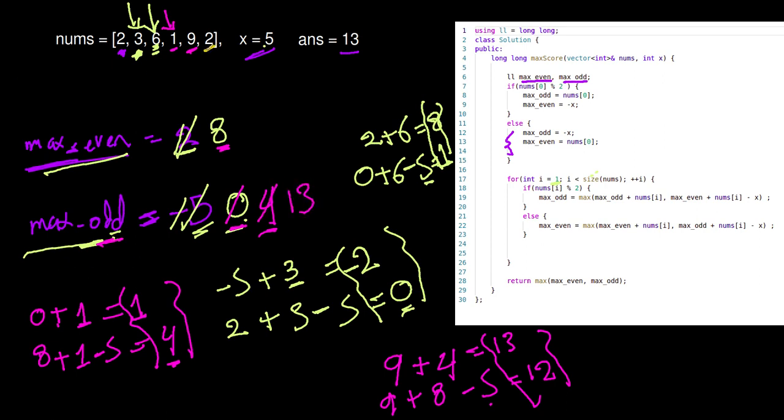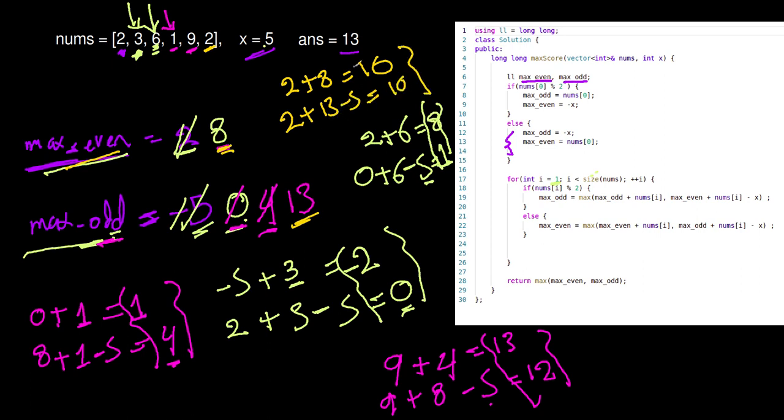The last value is 2. 2 is even. We need to update the max even. 2 plus 8 equal 10, or 2 plus 13 minus 5 is equal also 10.